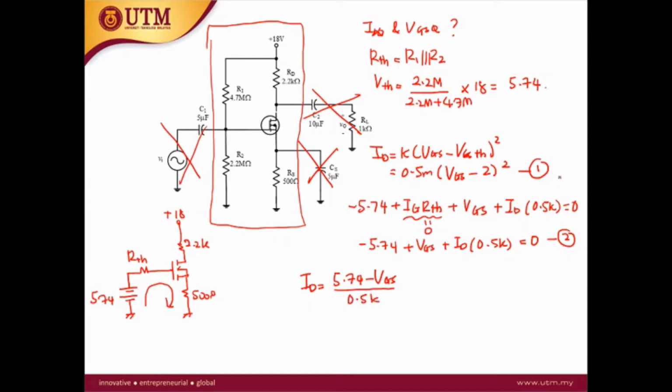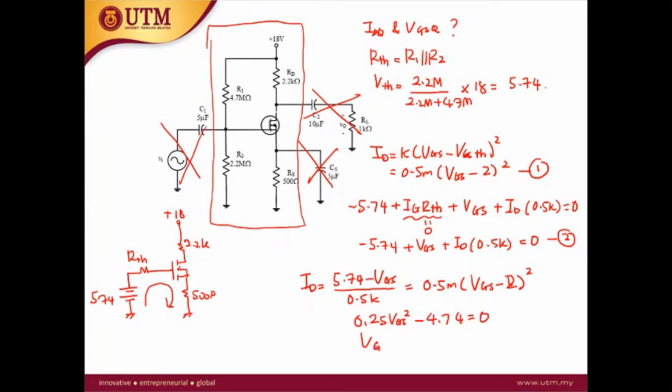From equation number 1, ID is also equal to 0.5 milli times (VGS minus 2) squared. Solving this equation, you get 0.25 VGS squared minus 4.74 equal to 0.